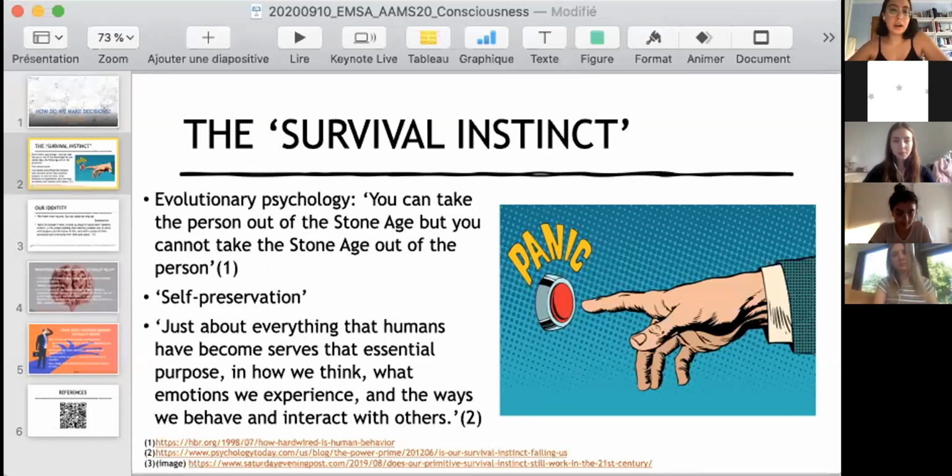Evolutionary psychologists obviously don't say that we're all the same, but they argue that even though humans have come a long way from being in the agricultural period to our modern civilization today, human evolution might not have kept up with the same pace, and we still have this survival fight or flight instinct back in our minds. So this sort of static makeup might have a role in how we view and act in our world today.